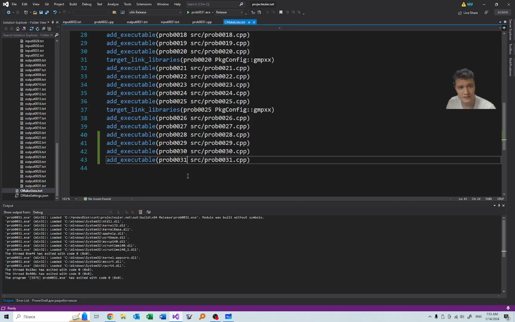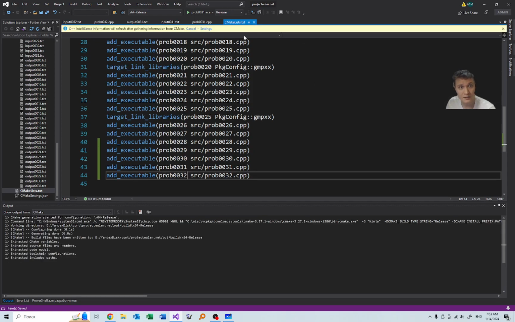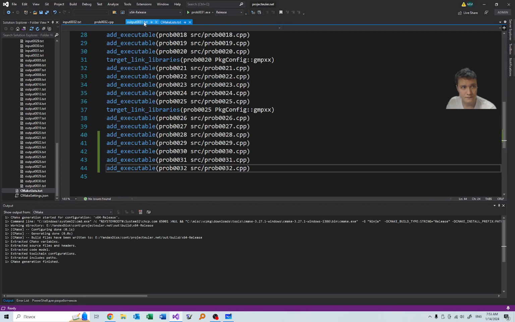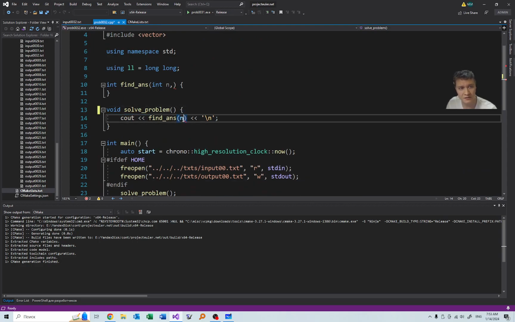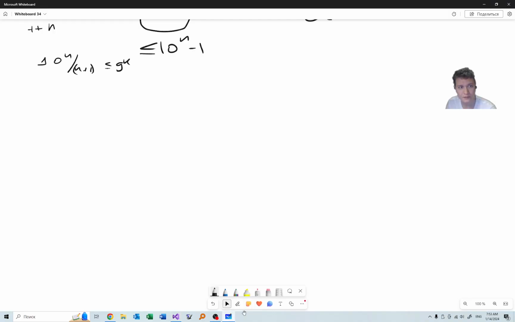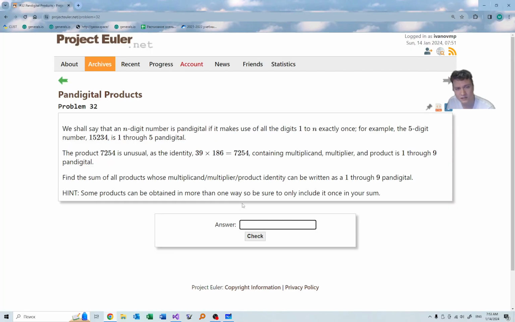It seems that it is a non-parameterized problem. It is parameterized by the number of digits in our system, but I don't want such a parameterization. Okay, so we don't read anything, we just print the answer. How do we do it? We need to iterate over all pandigital numbers.